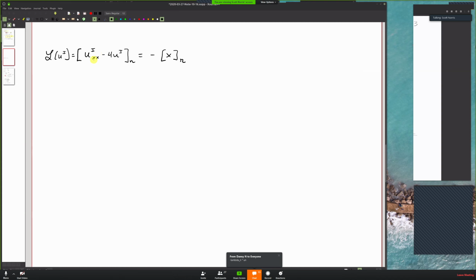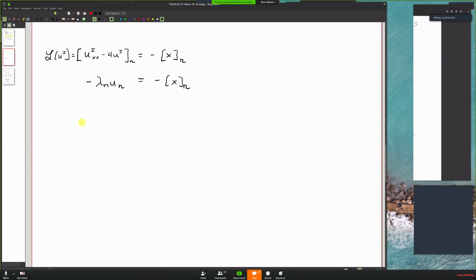And the next step is to take the transform of the interior problem. I take the transform of the left-hand side and set that equal to the transform of the right-hand side. What do I get when I take the transform of the left-hand side? Is it negative lambda n u n? That's right. Every time I take the transform of a self-adjoint operator, I get minus the eigenvalue times the transform of the unknown itself. Yeah, that's right, Danny, as well. And that's going to give me minus x sub n here.